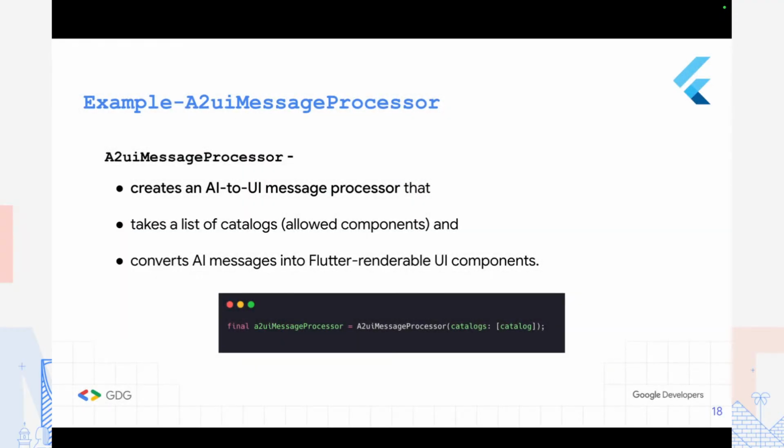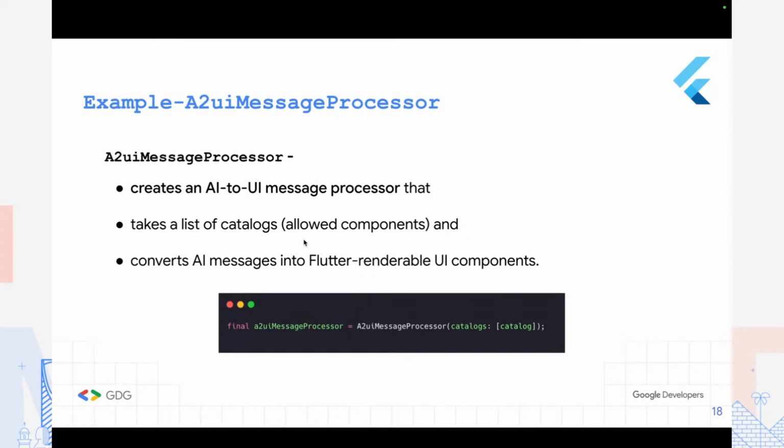And finally, we have A2UI message processor. This object is used to convert the AI response generated by Firebase to UI, which Flutter does. So this is what is going to render the widgets for us.